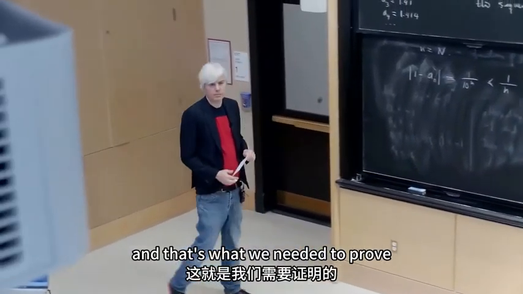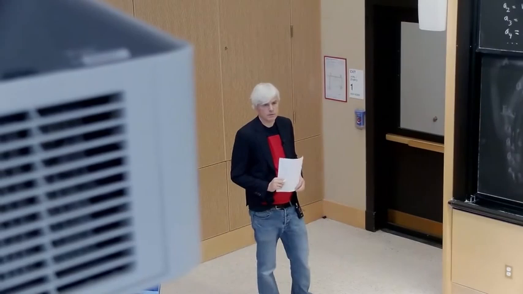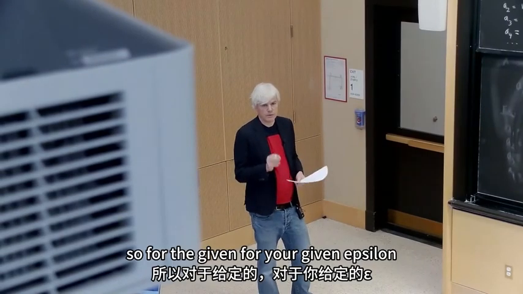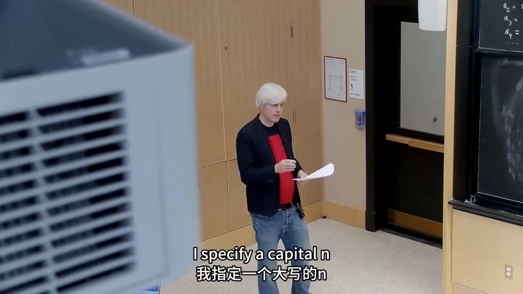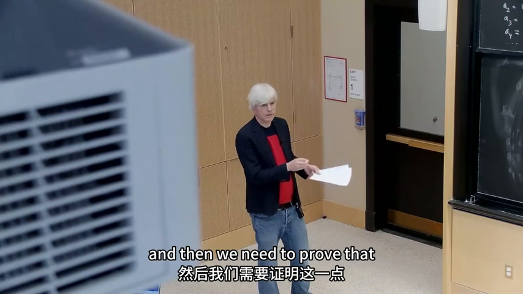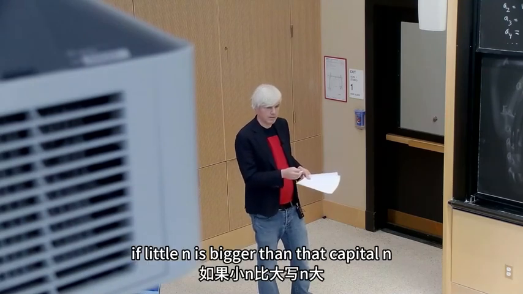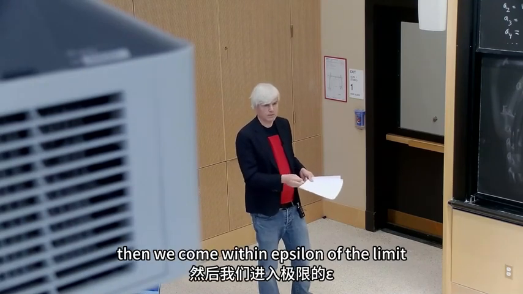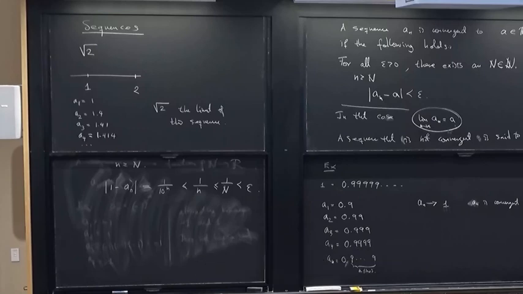And that's what we needed to prove, right? So for your given epsilon, I specify a capital N, and then we need to prove that if little n is bigger than that capital N, then we come within epsilon of the limit, okay?